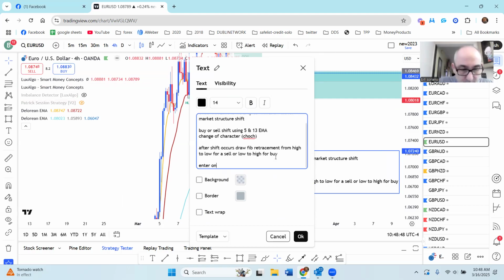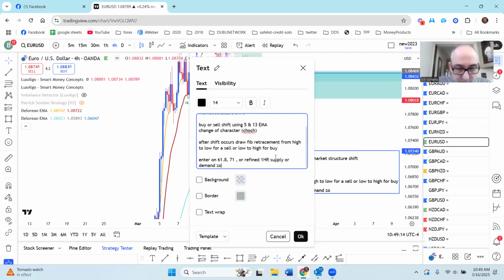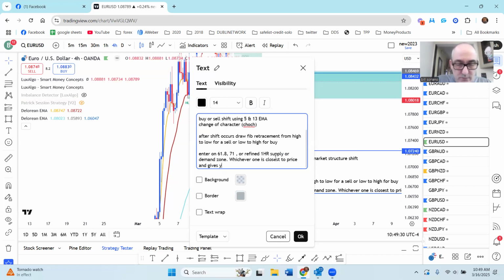Enter on 61.8 fib, 61.8, 71, or your refined 1 hour 5 4 zone, whichever one is closest to price and gives you a minimum, right?